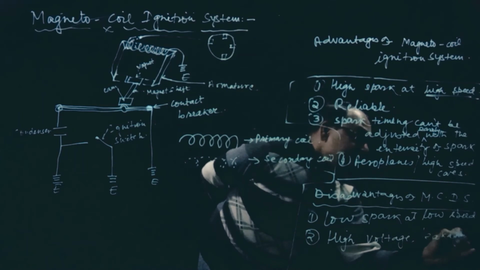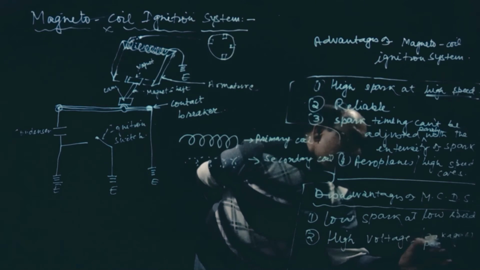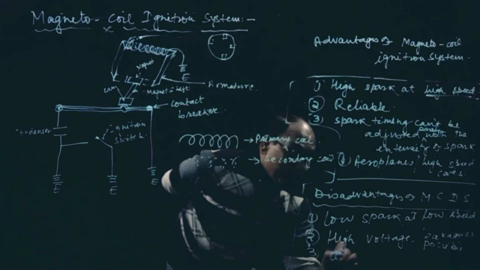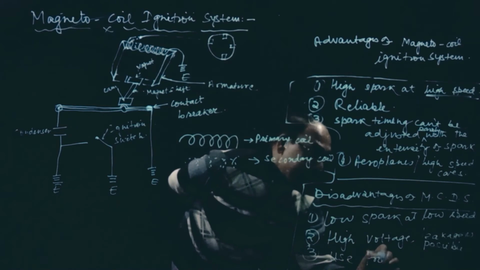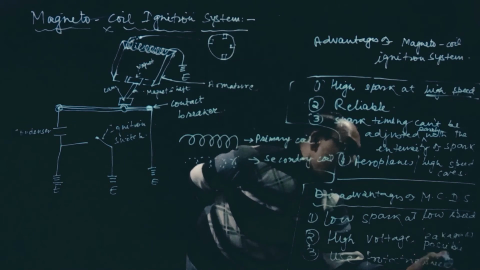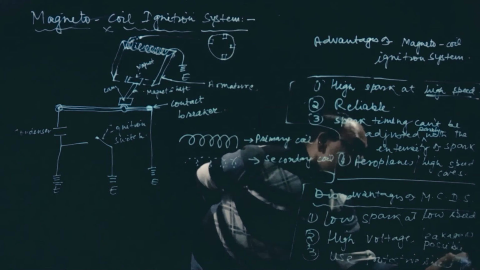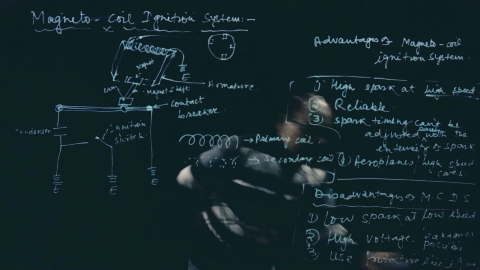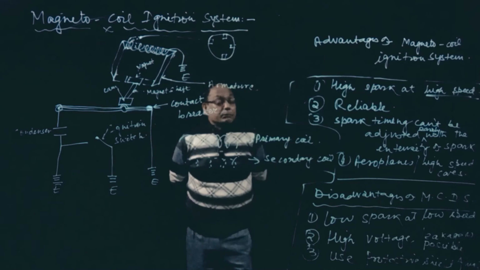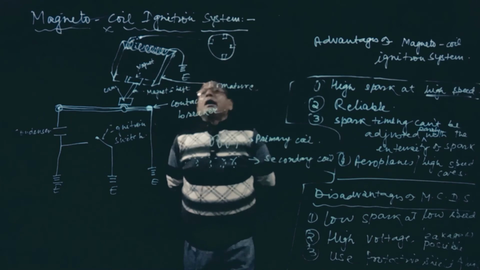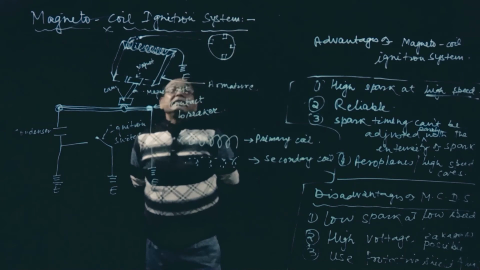Leakage is possible, and when leakage is possible, we have to use a protective shield, because due to high voltage, high energy is produced. So this system needs a protective shield. So these are the disadvantages of magneto coil ignition system.